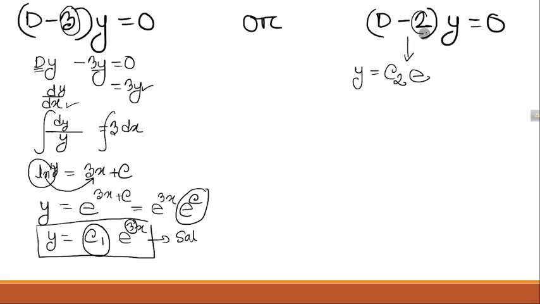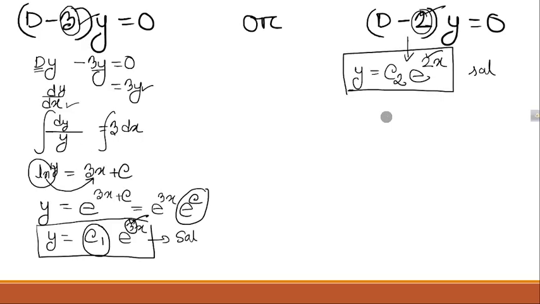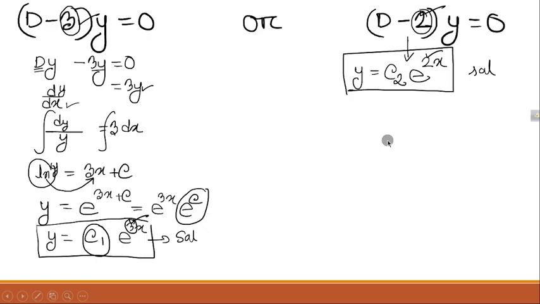So you have 2 here, so similarly you can write e to the power 2x. Here 3, so you have 3, then here 2, so you have 2 right here. It's another solution of this equation. And now if I want to write the solution of this equation, I can write the solution of the equation.